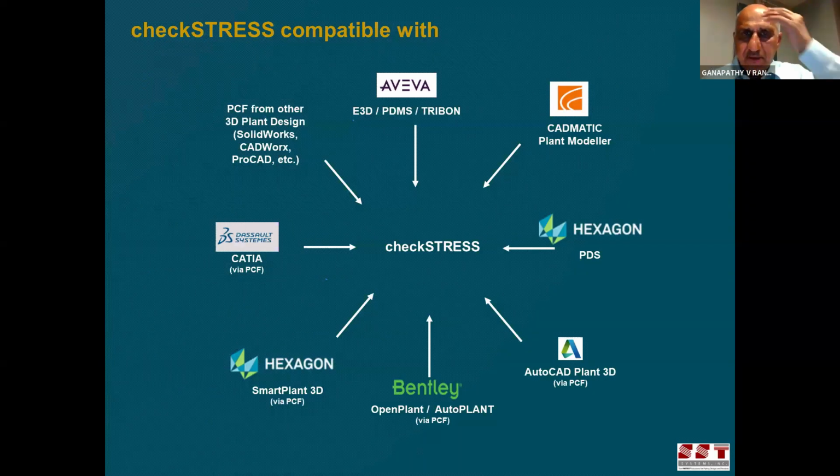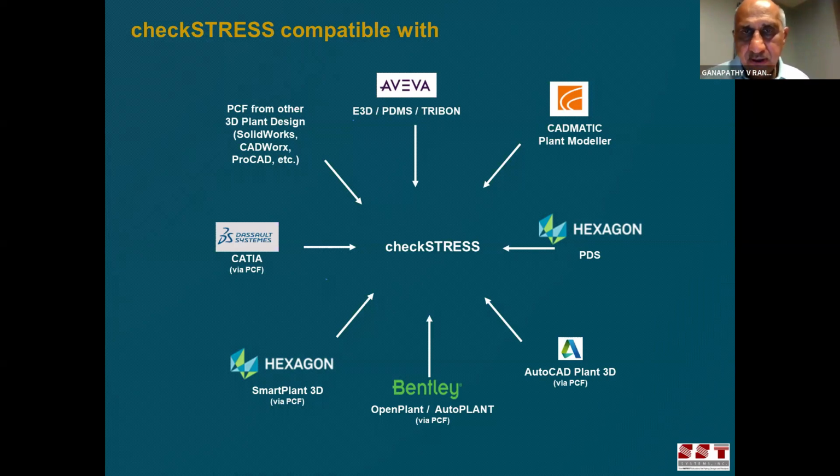Yes. Now, the checkSTRESS modules, we have independent modules for all of these 3D plant design systems. So what we have done starting September 2019, all the modules, we call them data translators, along with the checkSTRESS that works with these data translators, combined all of them in one massive system.